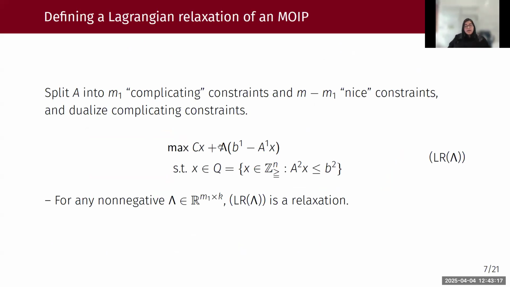Now I have a matrix of multipliers corresponding to each row of my objective, but it is still non-negative. And we can still show that with our definition of the bound sets, this problem is going to be a relaxation. And the quality of this relaxation is going to change from lambda to lambda, right?